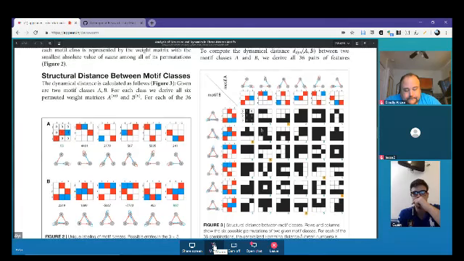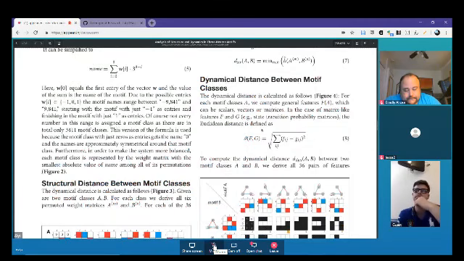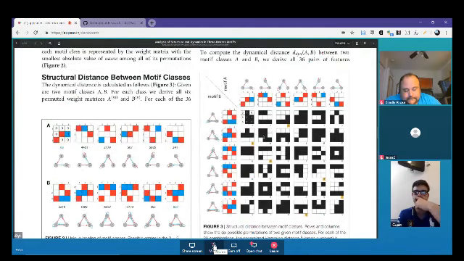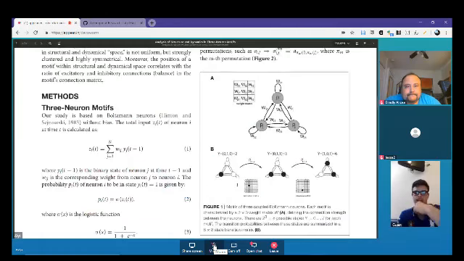The structural distance between two motif classes is the minimum over all of the neural networks from the two motifs. And dynamic distance takes the state transition matrix, which is built from the states. Because a neuron is binary, one neuron has 2 states, and therefore 3-neuron networks will have 8 states.